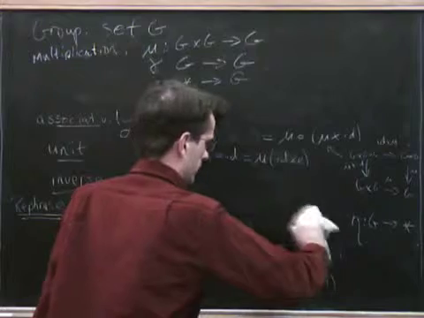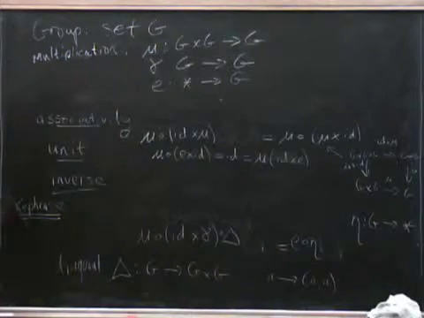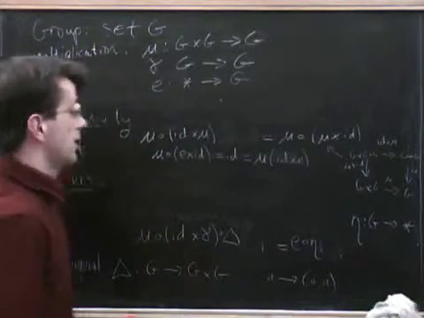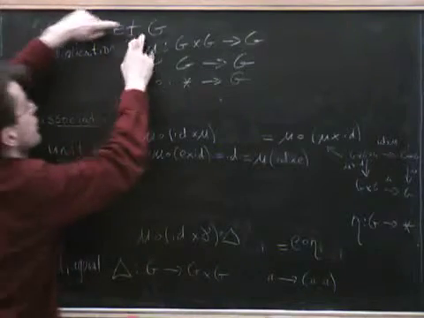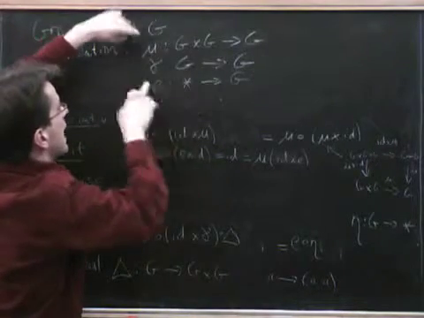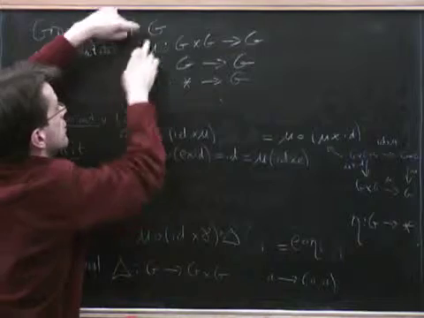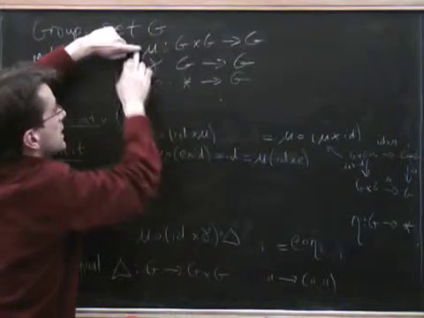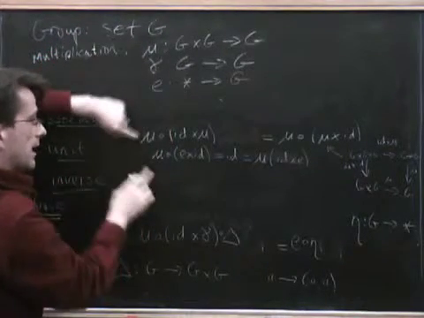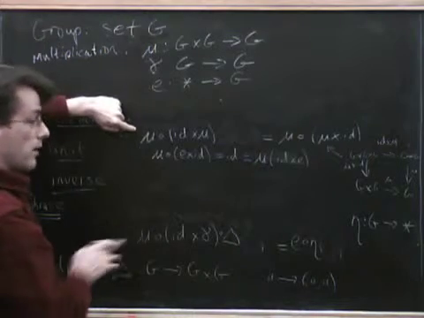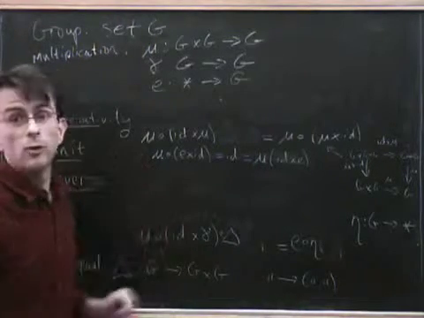And I'm just about out of time. What I've done now is rephrase the idea of a group in terms of its objects, as an object in a category. So it's an object in the category of sets with three maps and some equalities between various maps. Next time we'll do some other things with this.